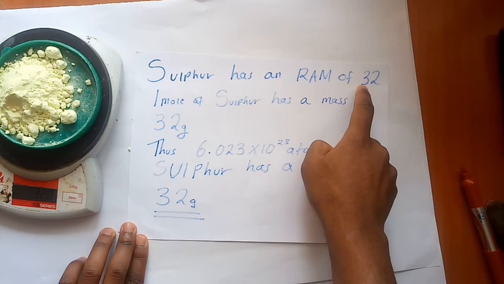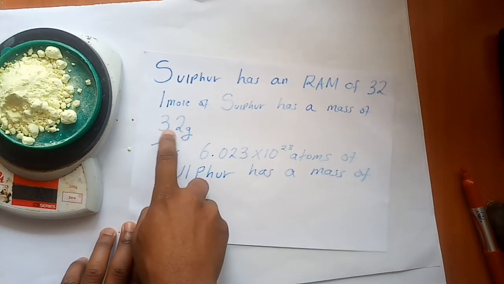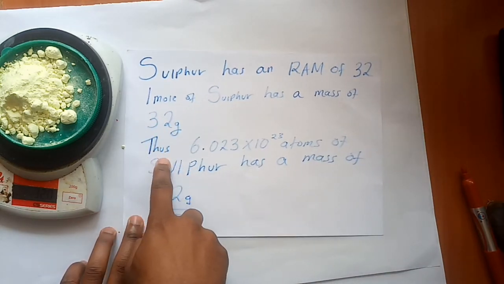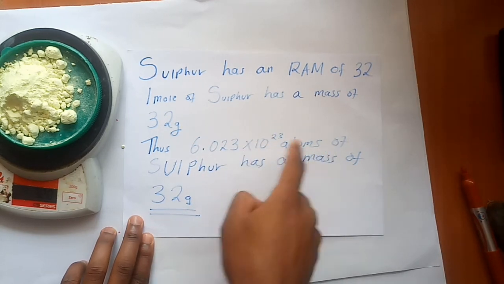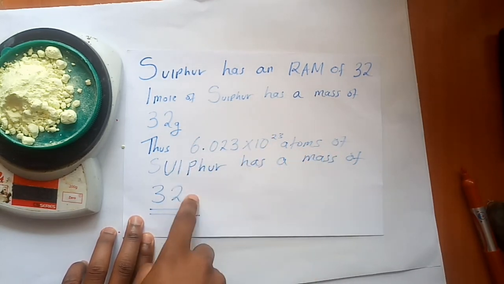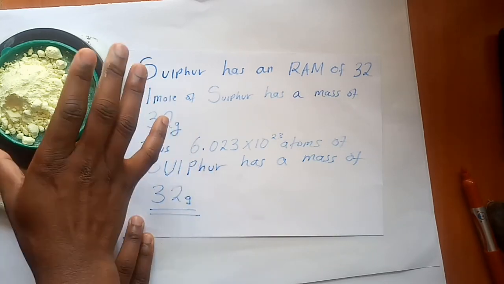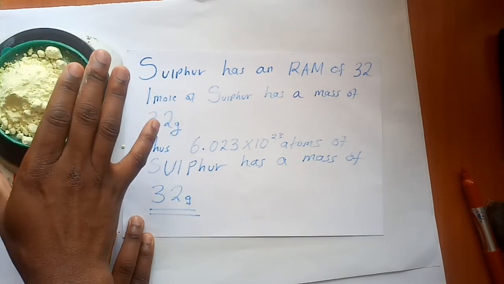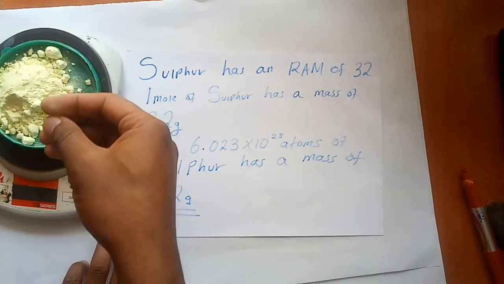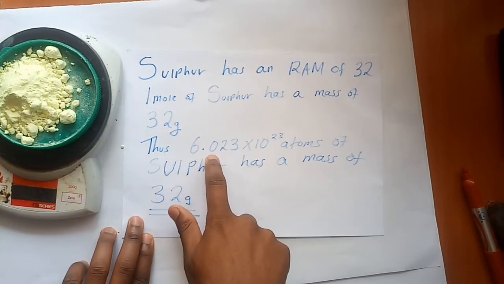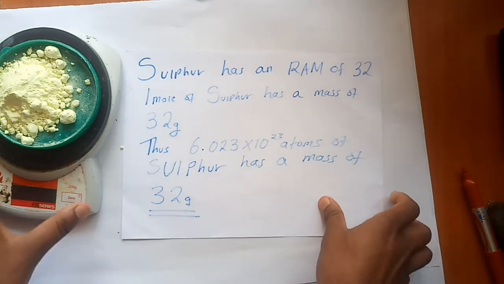The RAM of sulfur gives you the mass of 1 mole of sulfur. Thus, 6.023 times 10 to the power 23 atoms of sulfur has a mass of 32 grams. So what I have here, the 32 grams of sulfur, if I was to count the atoms of sulfur one by one, I would have a total of 6.023 times 10 to the power 23.